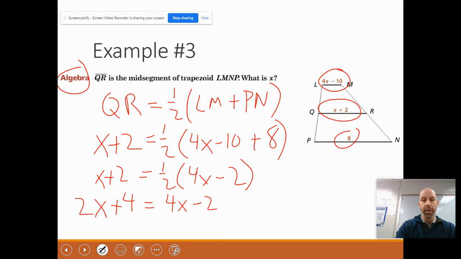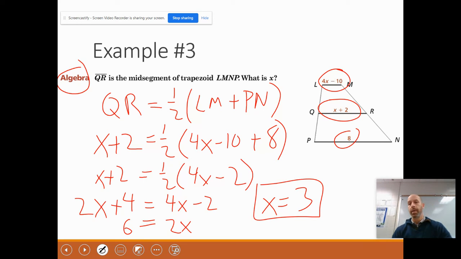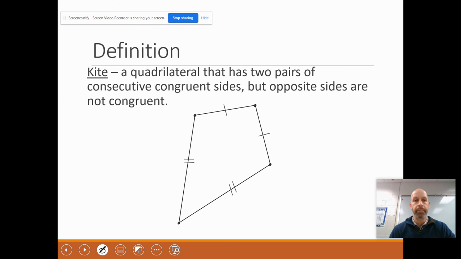So now I'm going to subtract 2x from this side, so that gives me 2x here. And I'm going to add 2 to this side, so that's going to give me 6. And it looks like x here is going to be 3. And this question doesn't ask us to find these lengths, but we could verify then these other two side lengths. This just asked us for x.